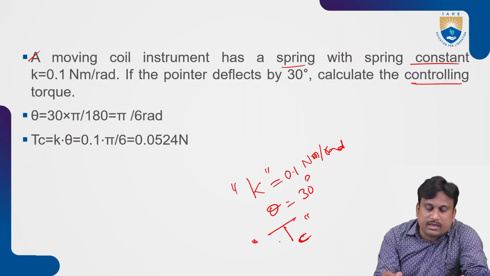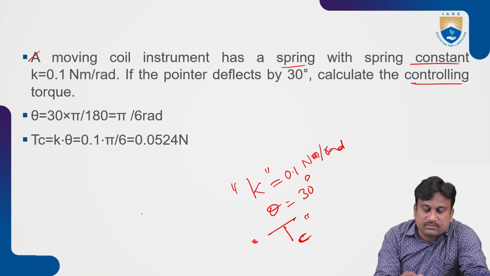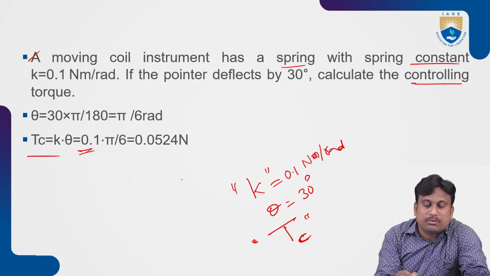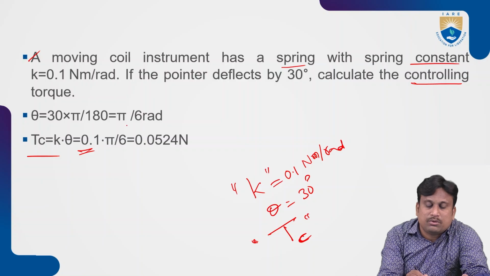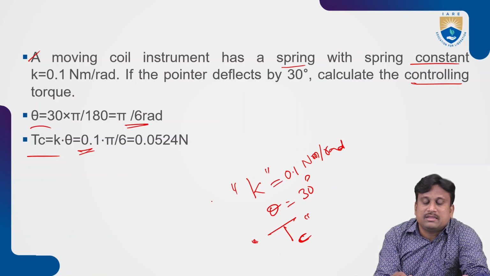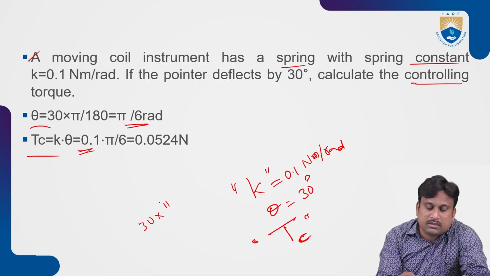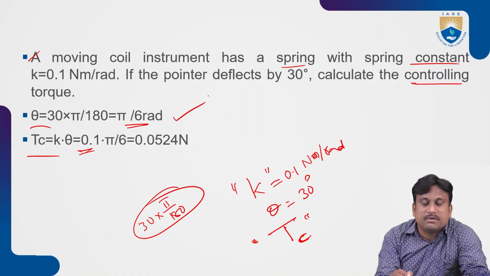Theta is to be calculated in radians, which is 30 into pi by 180, so pi by 6 radians. Controlling torque is K into theta, where K is 0.1 and theta is pi by 6 radians. Converting 30 degrees into radians, we take 30 into pi by 180, which gives pi by 6 radians.